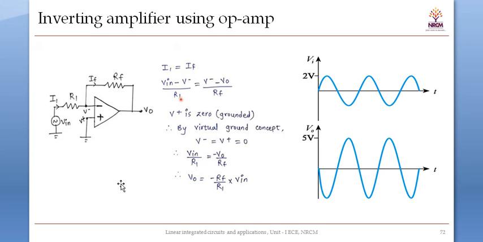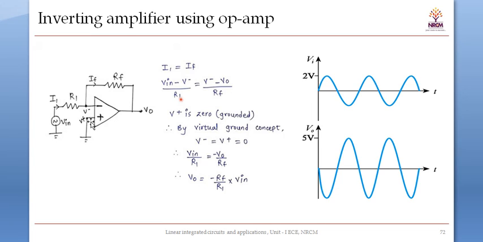Here, by considering op-amp as ideal, we are going to consider two conditions. The first is that open loop voltage gain is infinite. Open loop voltage gain is infinite means V0 divided by VID is infinite, which means VID is equal to 0.